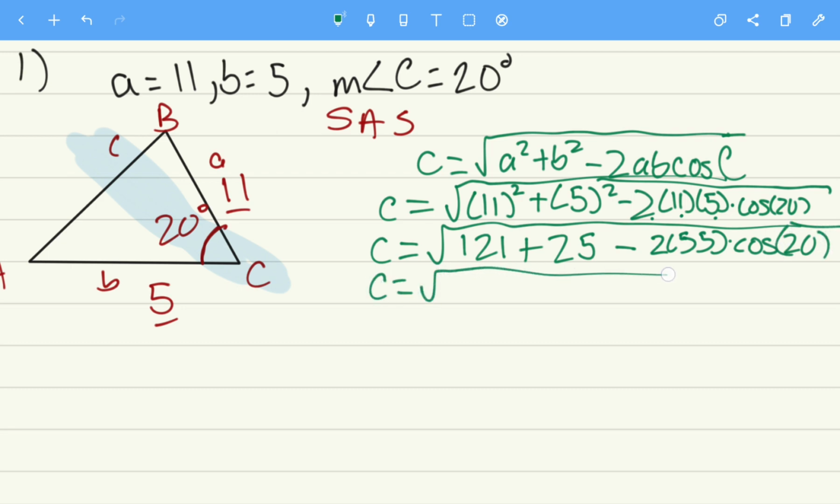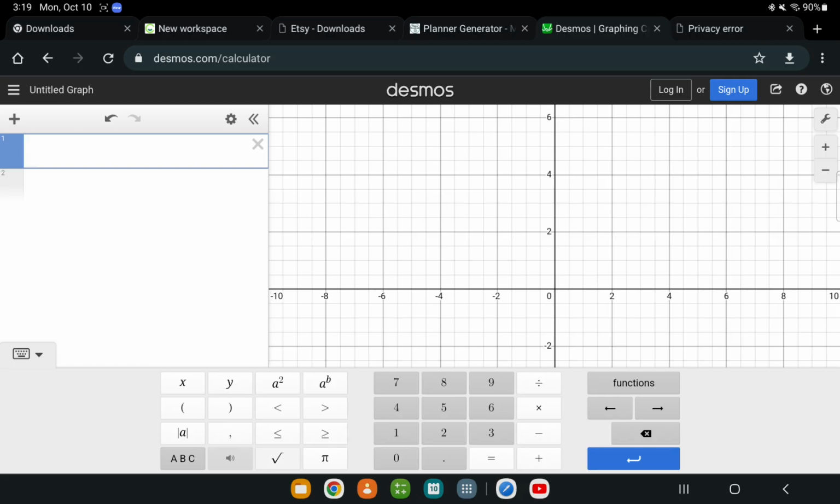c equals the square root of 146 minus 2 times 55, which is 110, times cosine 20. This is probably where you want to plug it into a calculator. The important piece is, do not forget your square root. That is part of the formula.